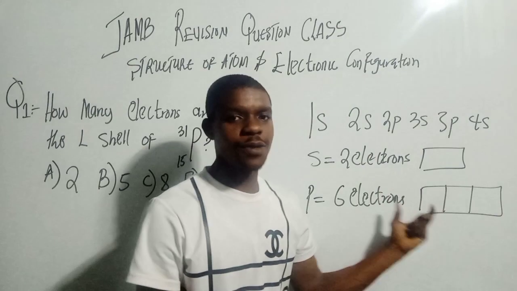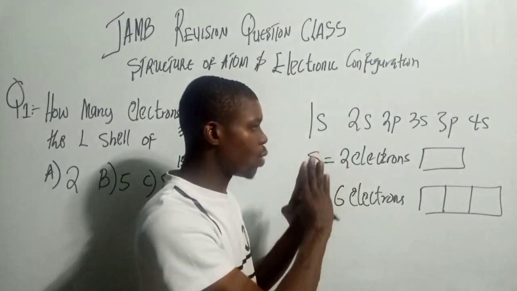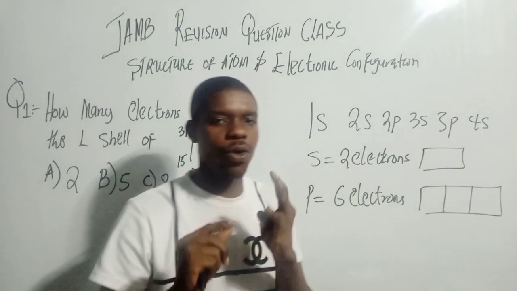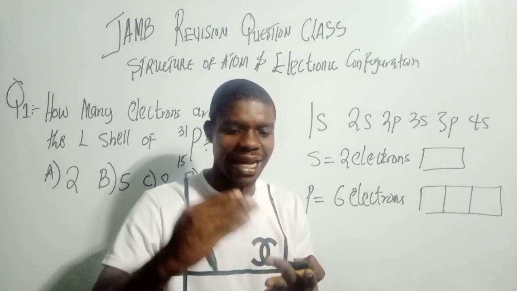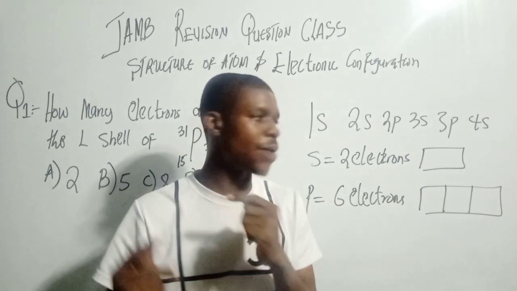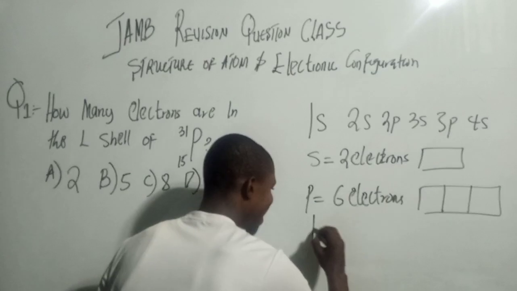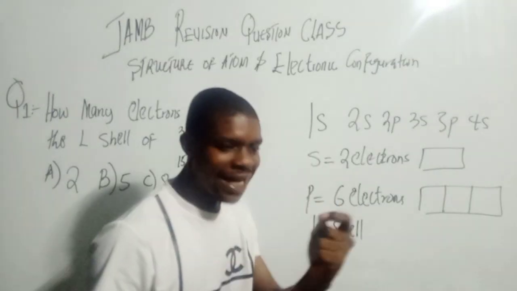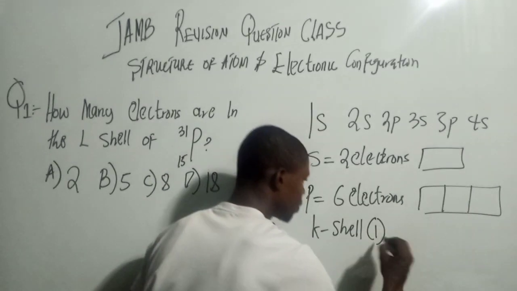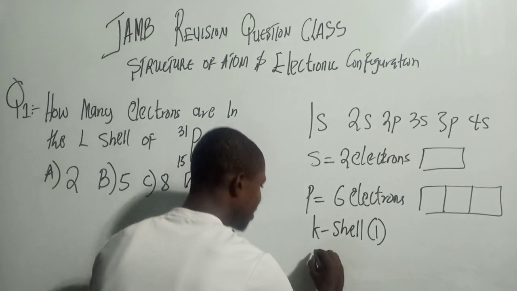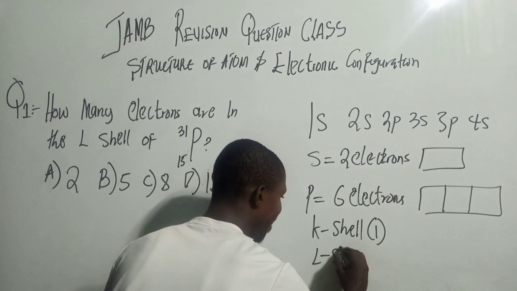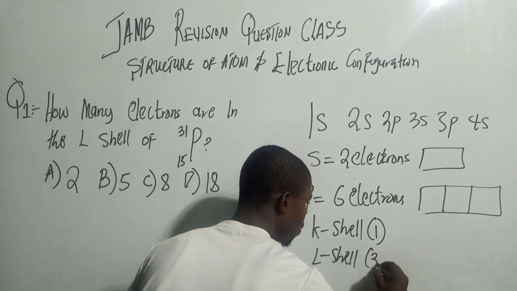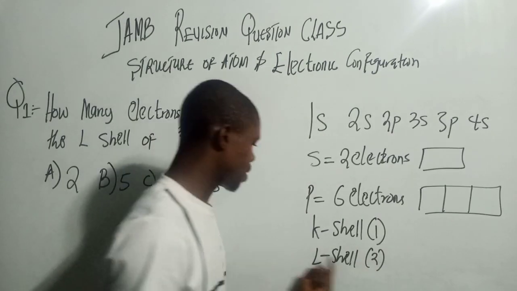So you really want to pay close attention to what I'm going to do here. We have to call the K, L, M, N, O, P, Q. So here we have the K shell. The K shell is my first energy level, which is 1. The L shell is my second energy level.